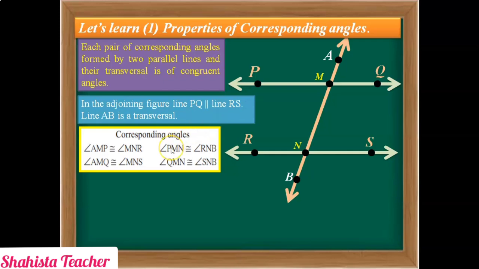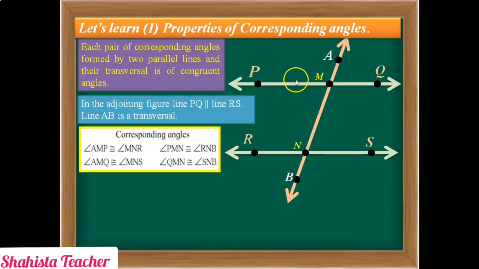Now we see the next pair of corresponding angles. Angle PMN is congruent with angle RNB. Again same side, same direction.